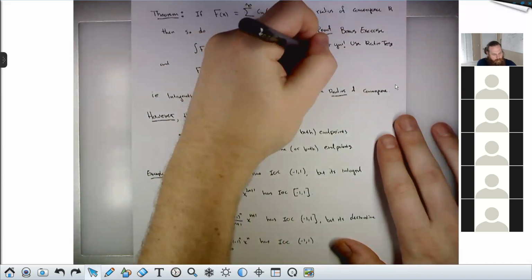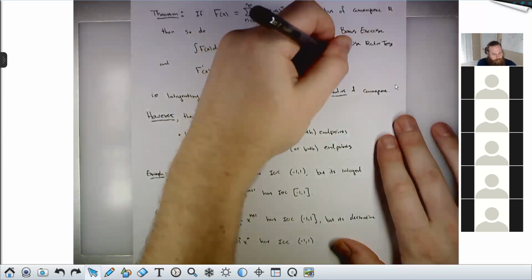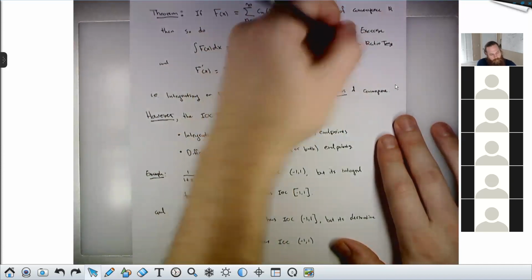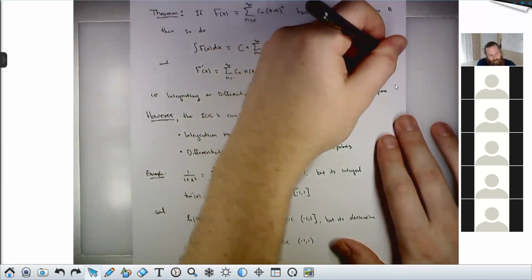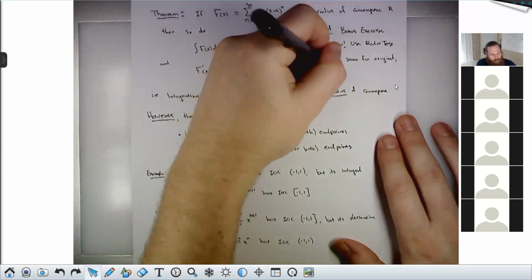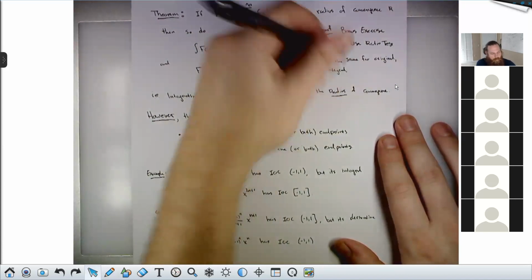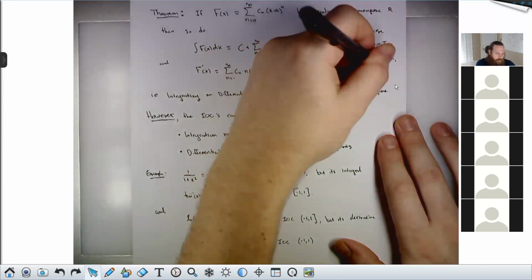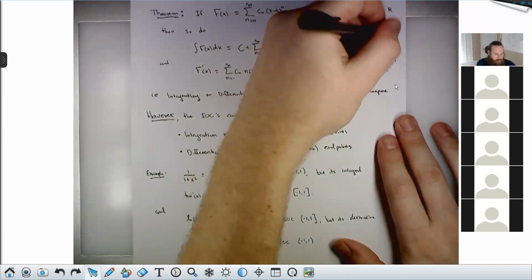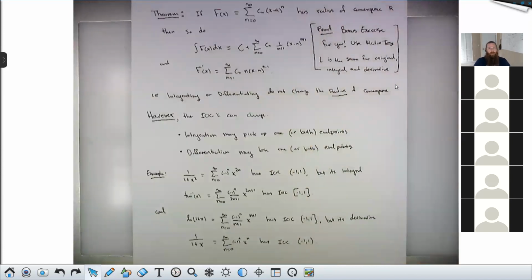The hint here is that L is the same for the original, integral, and derivative. Right, so I claim that the limit L you get from the ratio test is the same for all three: for the original series, for the integrated series, and for the differentiated series.